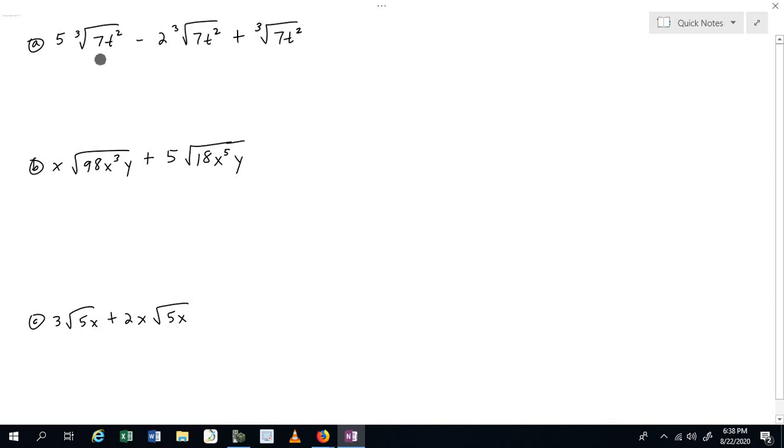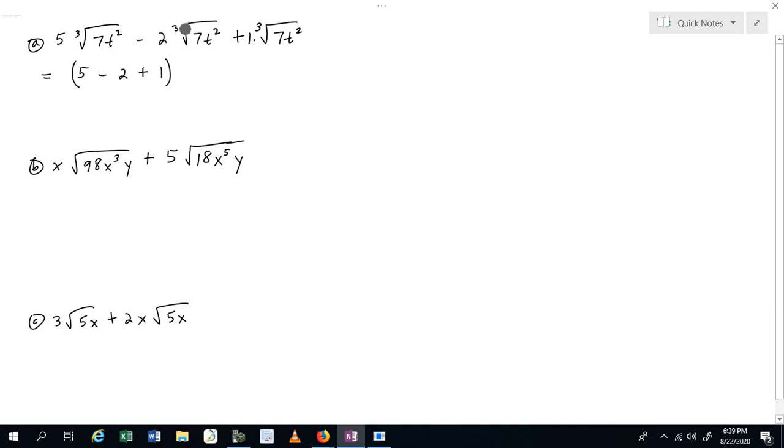Now another way to do this is to say that the cube root of 7t squared is in common with each of these terms, and so you can factor it out. Okay, so I'm going to write it that way. If you factor it out of here, you're left with a 5. If you factor it out of here, you're left with a -2, and if you factor it out of here, you're left with that imaginary 1 that sits in front of that radical. So it's +1.